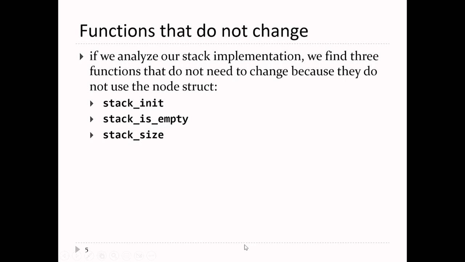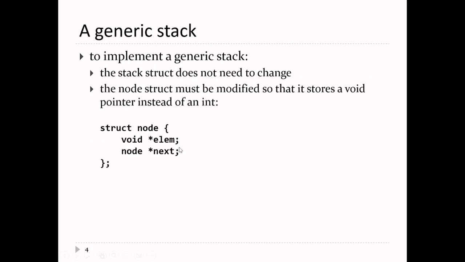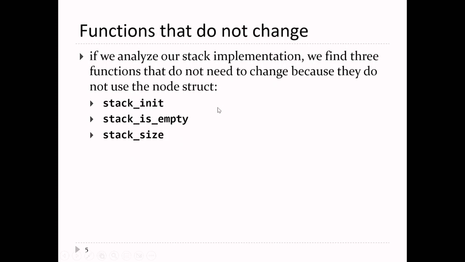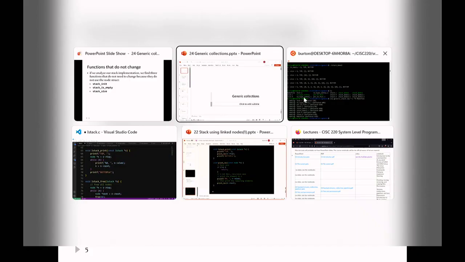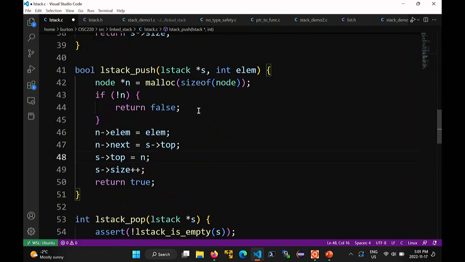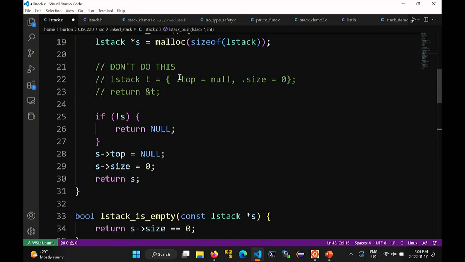If the only thing that changes is this thing right here, that pointer, instead of storing elem as an int, we're storing it as a pointer, then if you go and look at the source code for our stack implementation, init, is empty and size, none of those actually involve the element at all. So here's init.